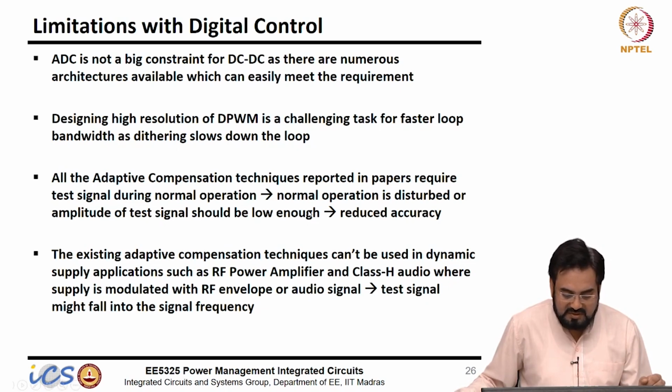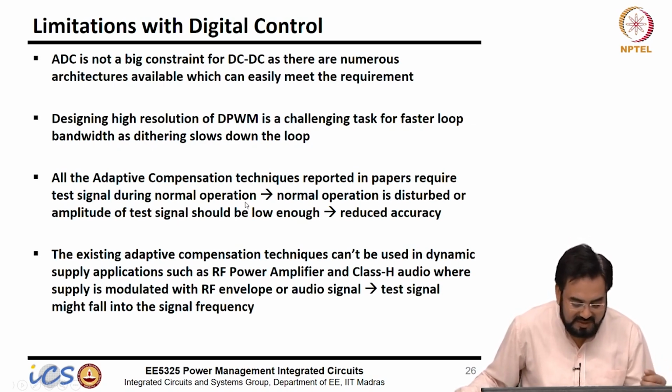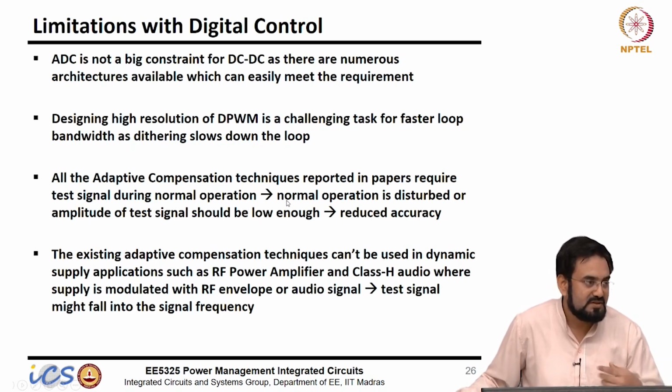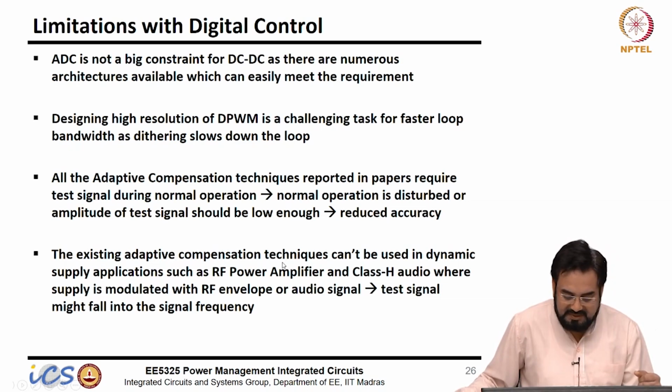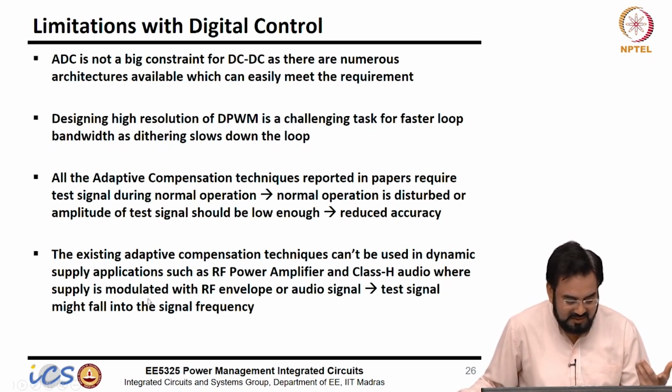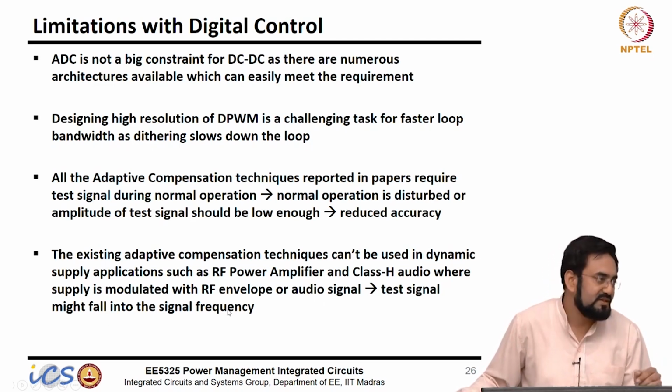Also we saw that there are different techniques for adaptive compensation, but most of them look very complicated, or they cannot be used in normal operation because you will get disturbance in the output. So the existing adaptive compensation techniques can't be used in dynamic supply applications such as RF power amplifier and class H audio, where supply is modulated with RF envelope or audio signal, because test signal falls into the signal frequency range.